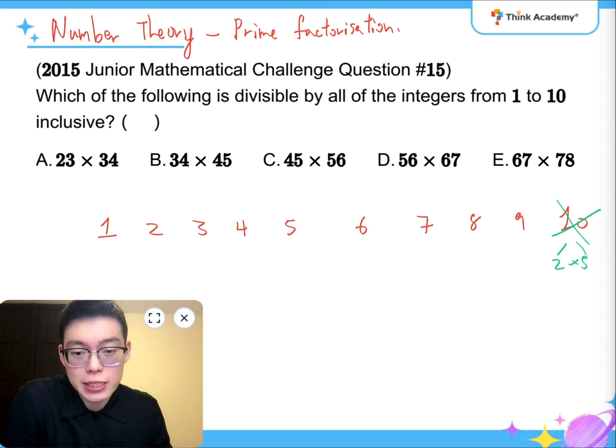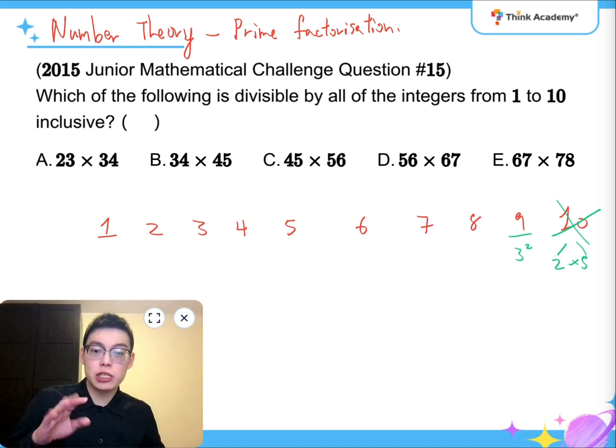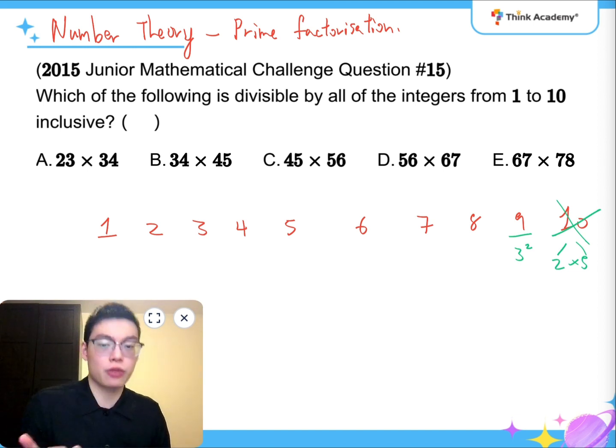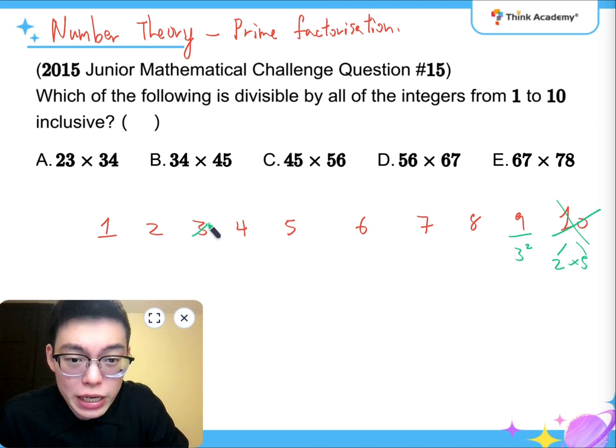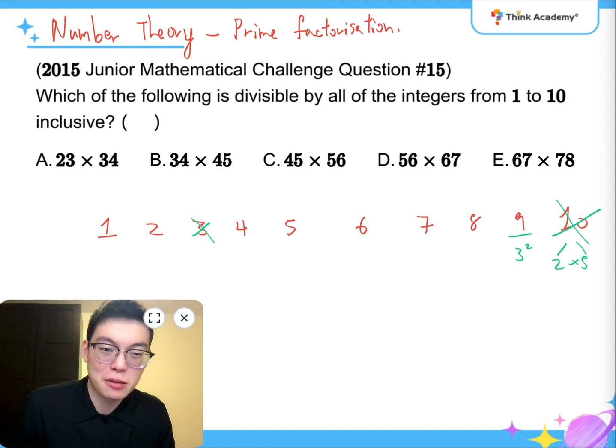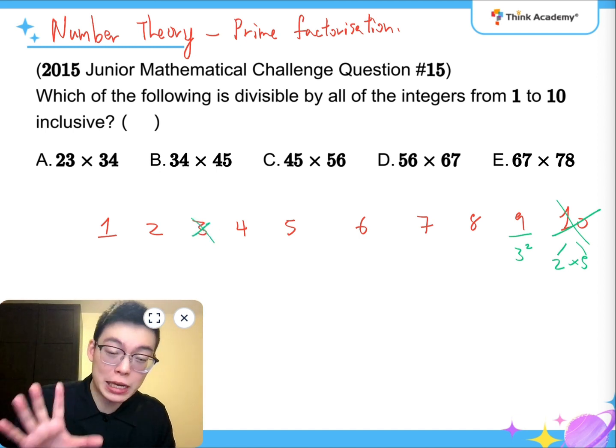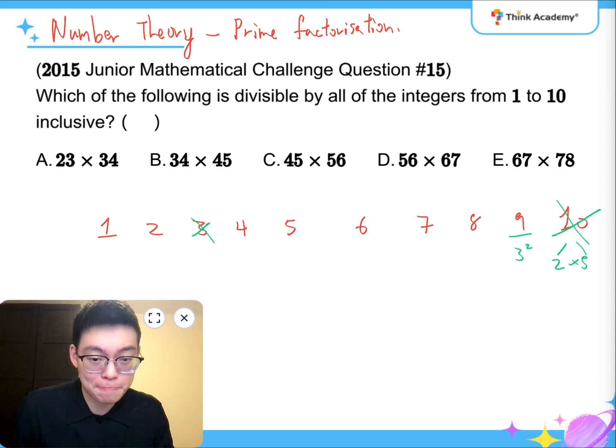So we can cross out the 10. As for 9, you can see that it is 3 to the power 2. So it needs to be divisible by 3 and another 3, which means that it is necessary. But then now 3 is unnecessary because whatever is divisible by 9 is also divisible by 3.